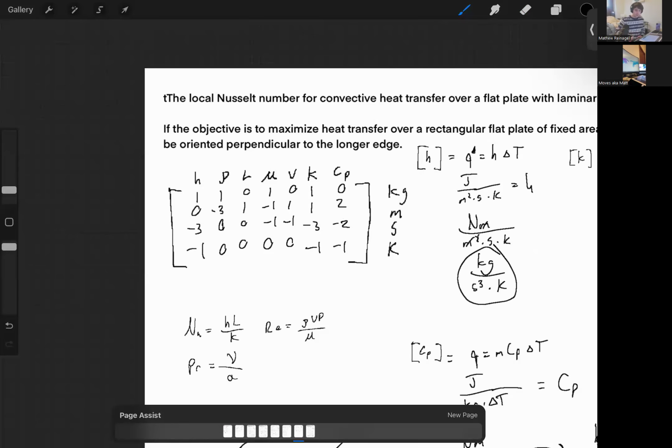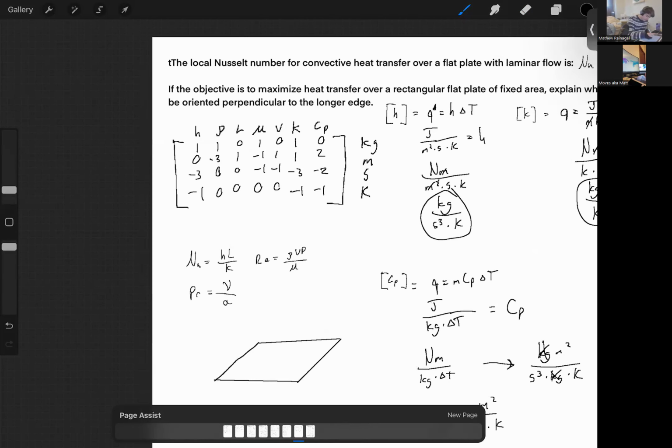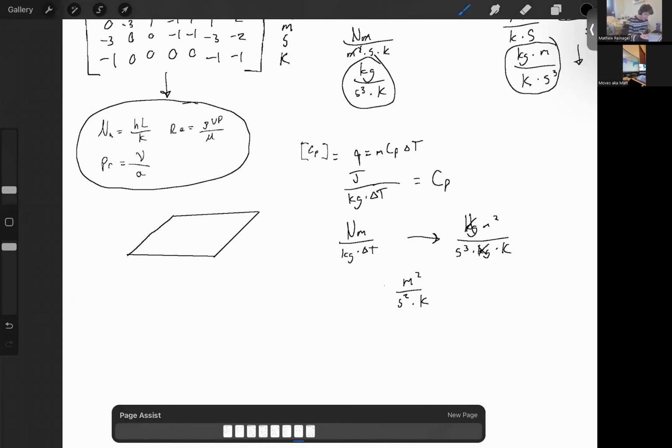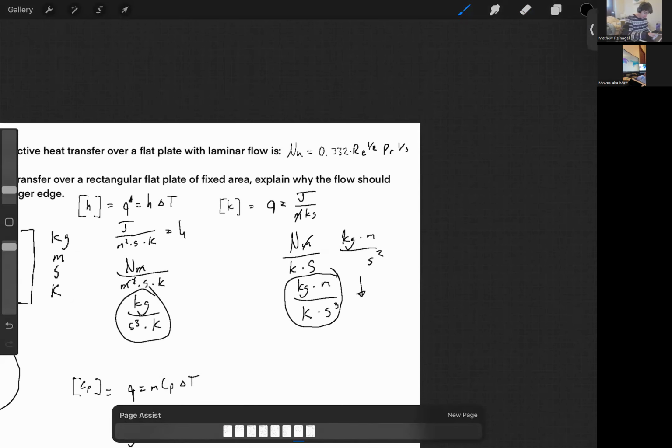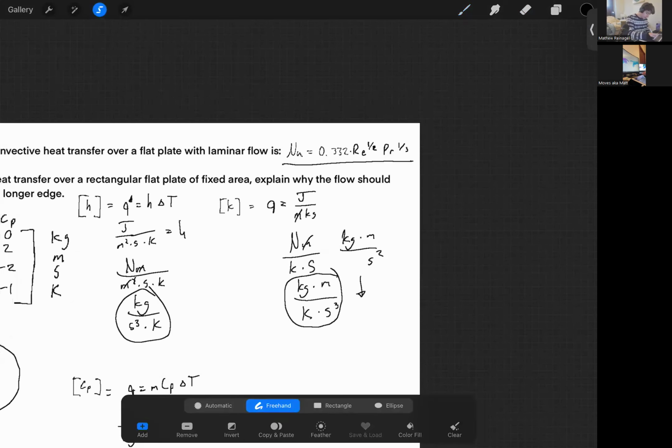So you would use this to make a dimensional matrix to then get your dimensionless numbers, which are the Nusselt, Reynolds, and Prandtl numbers. So now that we have these values, we have this equation for laminar flow over here, which I'm going to drag over so we can use it.